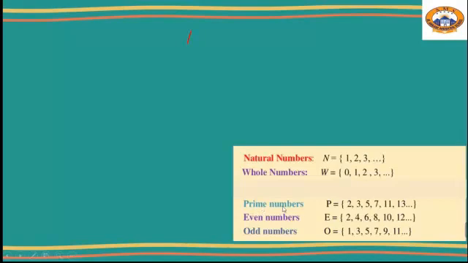What about the prime numbers? 2, 3, 5, 7, 11, 13. The set of even numbers: 2, 4, 6, 8, 10, 12, 14, 16, 18, and you will complete. The last one is the set of odd numbers: 1, 3, 5, 7, 9, 11, 13, 15, 17, and so on.